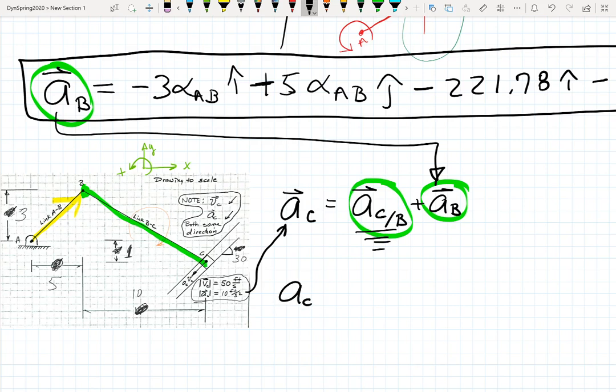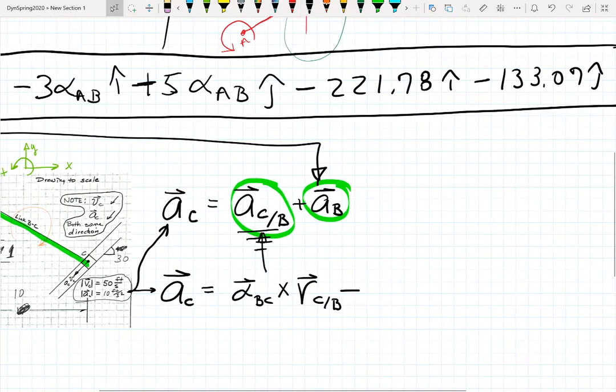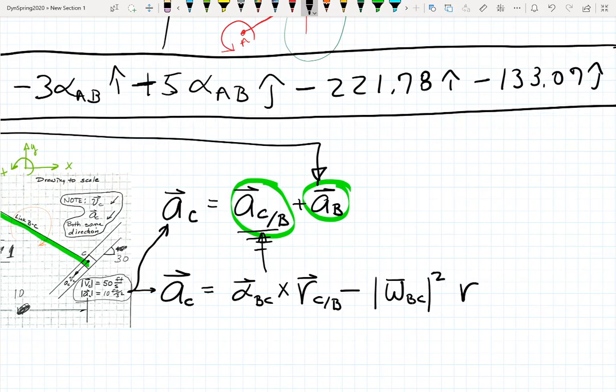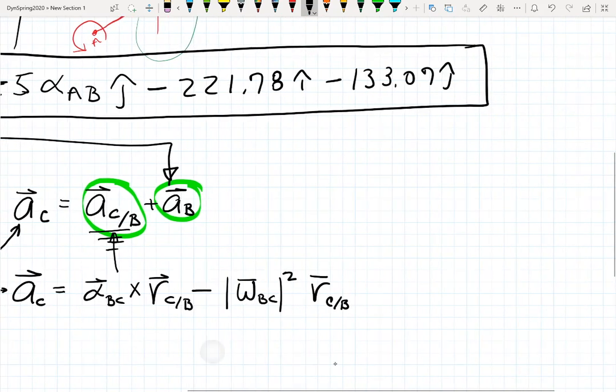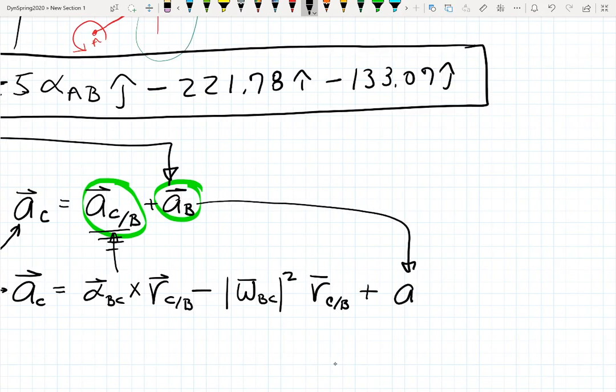We already know A_C, which we'll do just like before, but I'm going to postpone that to focus on this term, which is alpha BC cross r C relative to B, minus the magnitude of omega BC squared, so I don't forget the squared, times r C relative to B, plus, and we'll put that down later, the acceleration of B.